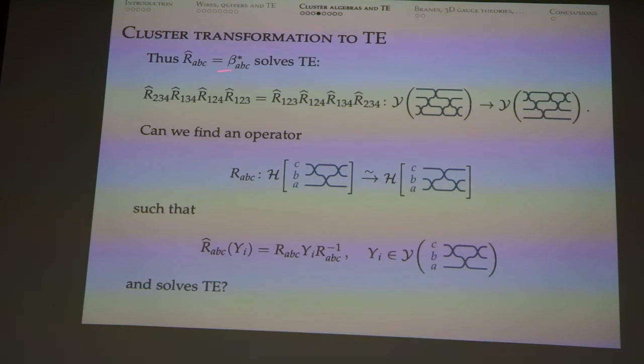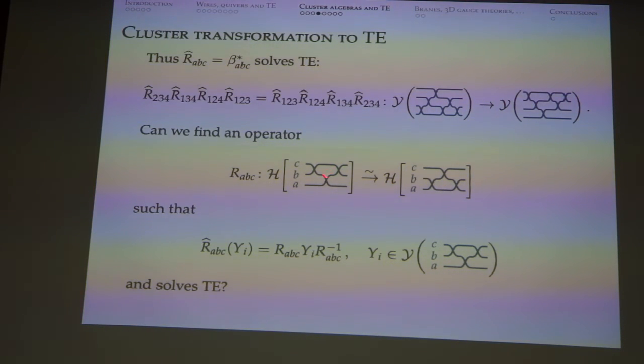Because this is a tetrahedron equation, and each side of the tetrahedron equation acts on this quantum cluster algebra assigned to a certain quiver and wiring diagram, and gives you some element of the quantum cluster algebra assigned to another quiver. Okay? But this kind of thing is not what I wanted to get. I wanted to get some solution of the tetrahedron equation which acts on the Hilbert space of states. Okay?